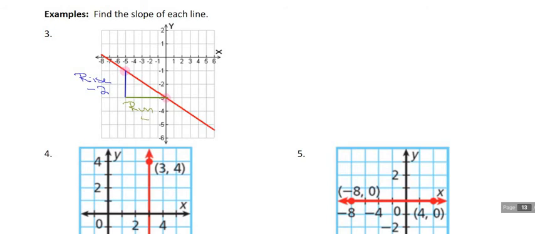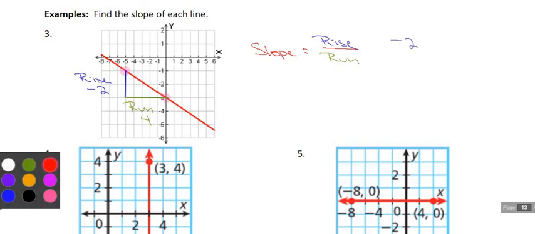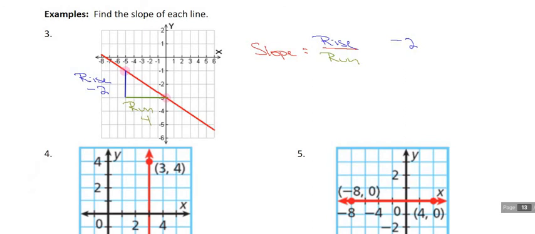So when I'm talking about my slope being equivalent to rise over run, my rise is -2 over, and I think my run was actually 5, wasn't it?